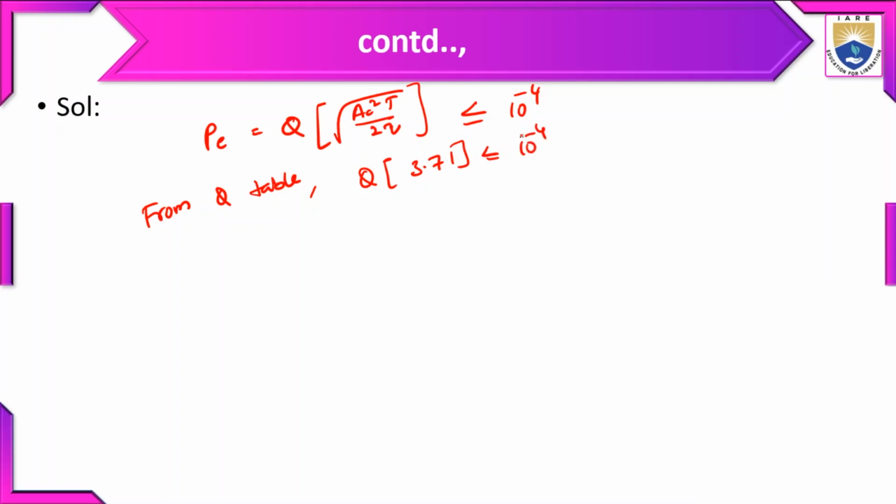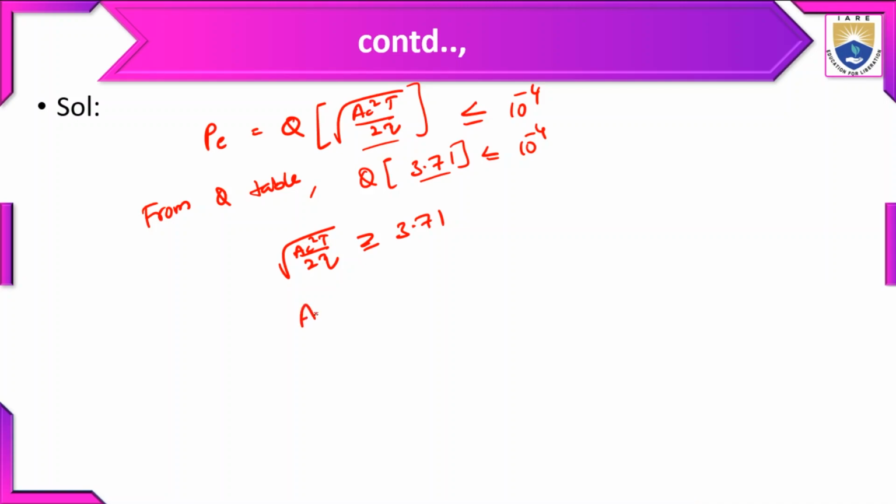So directly we can take square root of Ac square T by 2 eta greater than or equal to 3.71. Why? Because the left hand side is the same and the right hand side has 10 power minus 4, where the Q table value is 3.71.